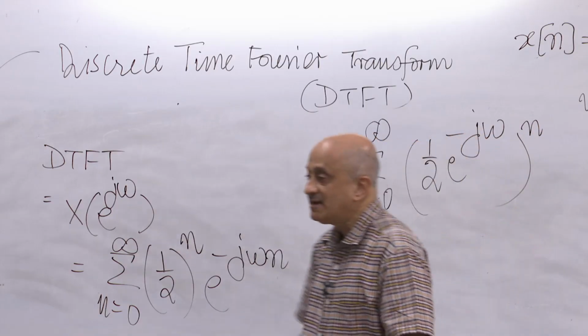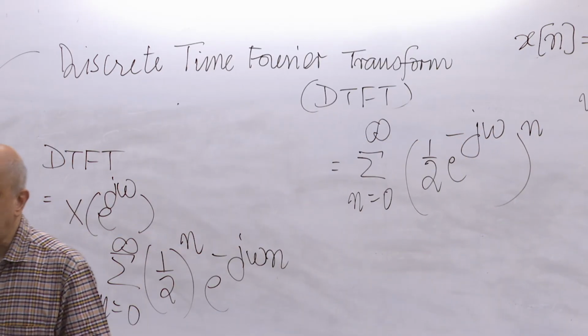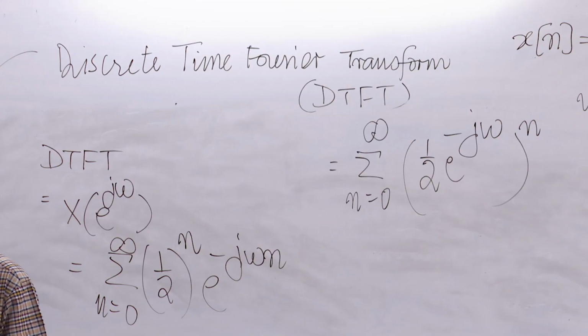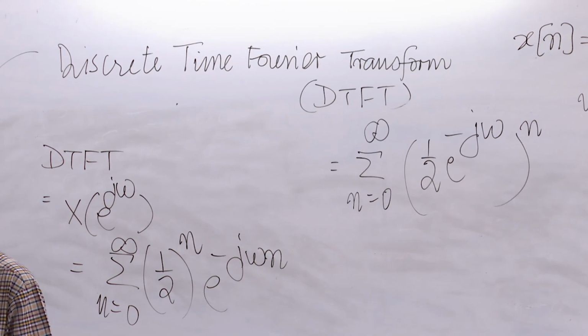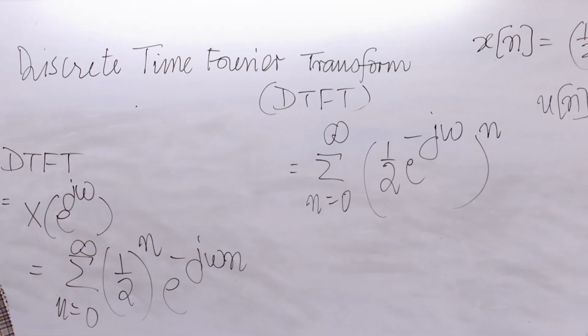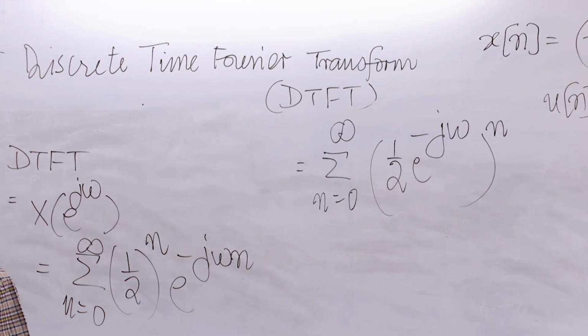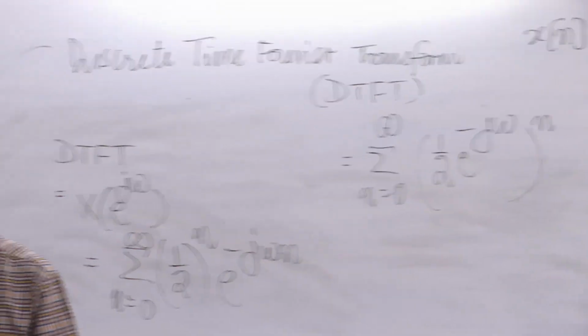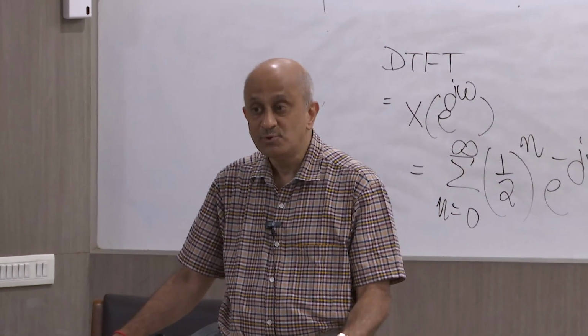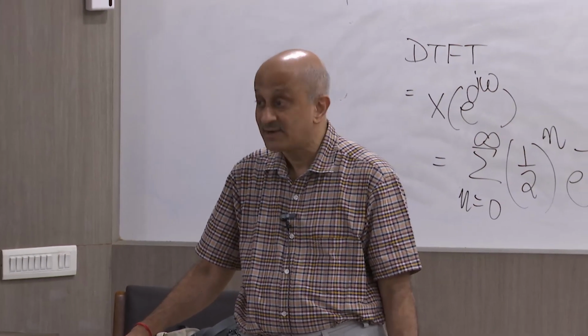Now, is there a way we can find out this infinite summation? It's a geometric progression, right, with a common ratio of half e raised to the power minus j omega. When will this geometric progression sum to a finite quantity? It would sum if the magnitude of the common ratio is less than 1.